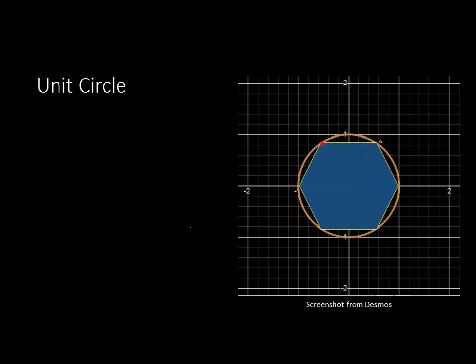So we will find six of these vertices. However, I think we're just going to find only four of these. Can you guess why?